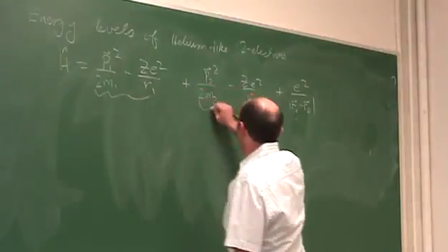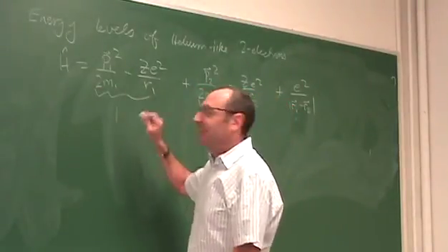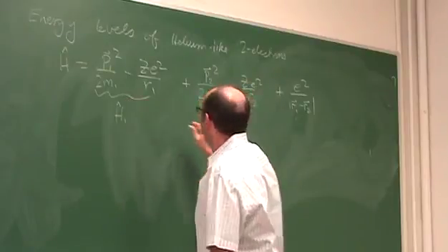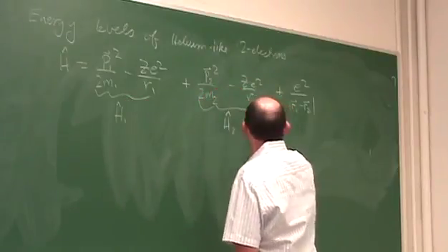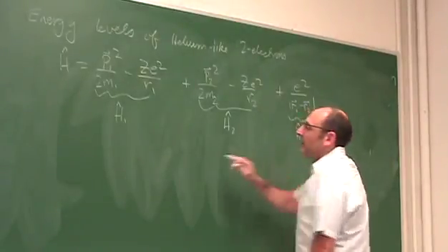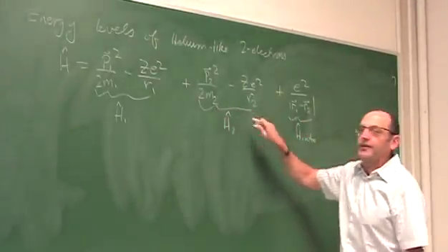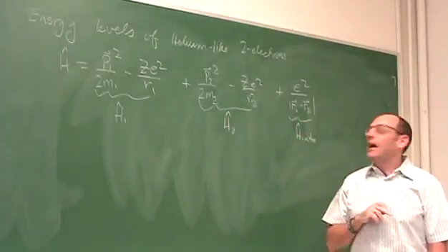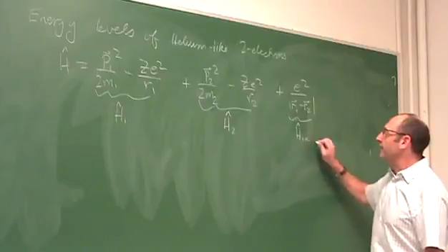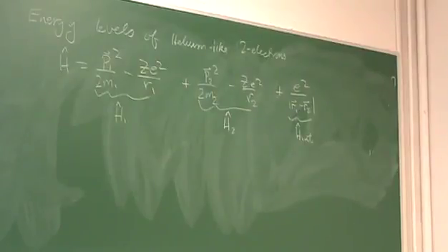Each one of these Hamiltonians is the Hamiltonian for each electron independently. And then we have a Hamiltonian having to do with the interaction between the two electrons.